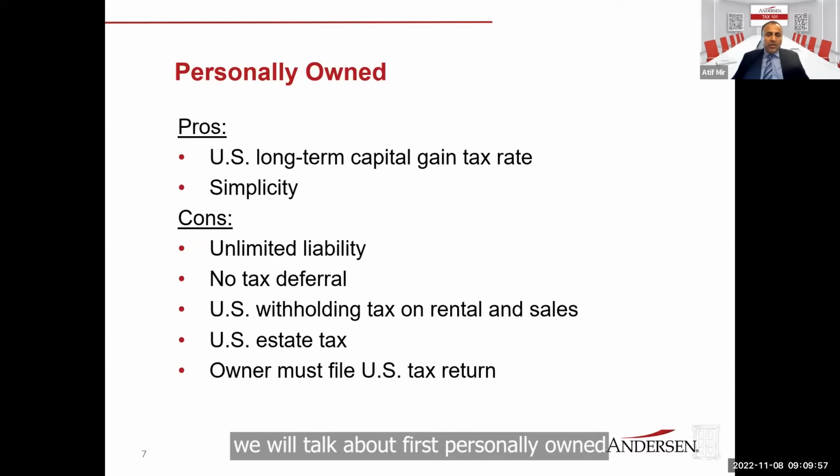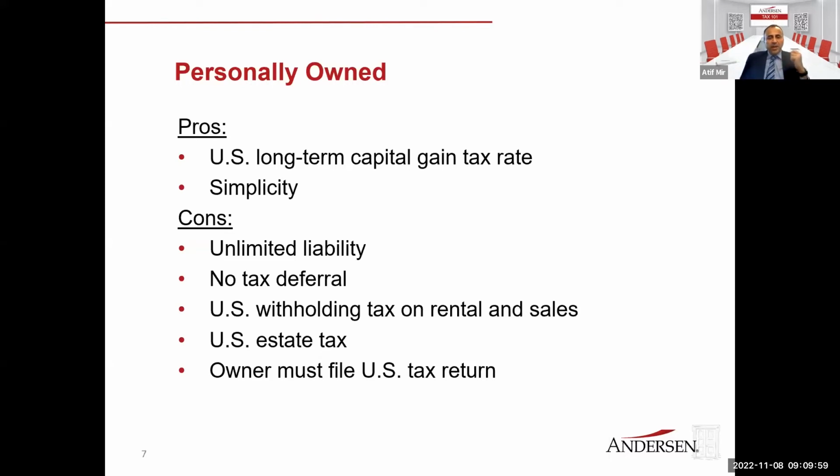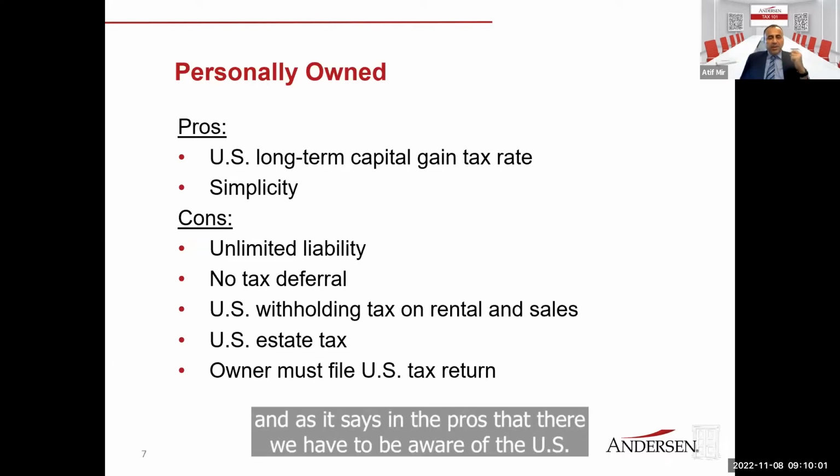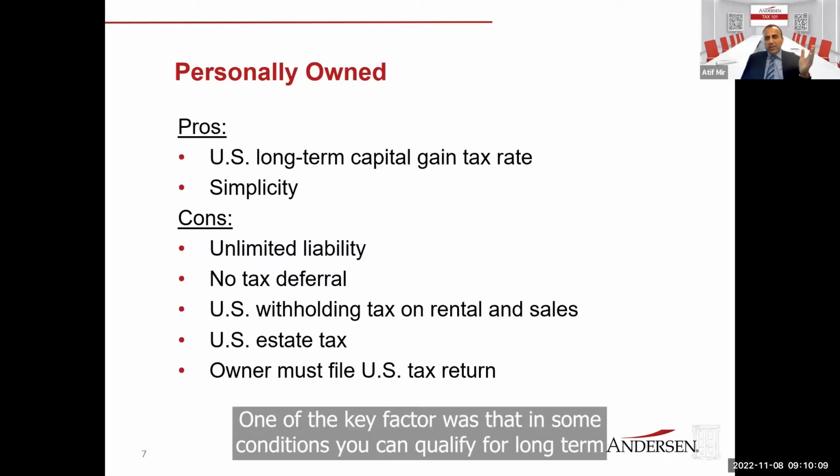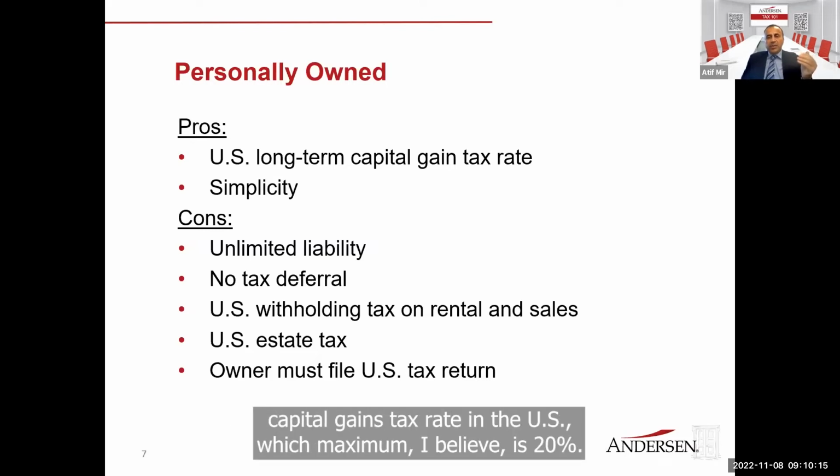So we will talk about first, personally owned. And as it says in the pros, we have to be aware of the US long-term capital gain tax rate. So refer back to the comment Philip made. One of the key factors was that in some conditions, you can qualify for the long-term capital gain tax rate in the US, which maximum, I believe, is 20%.